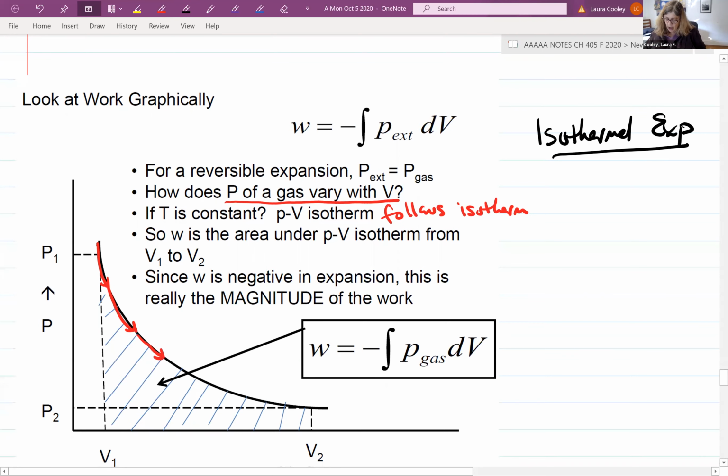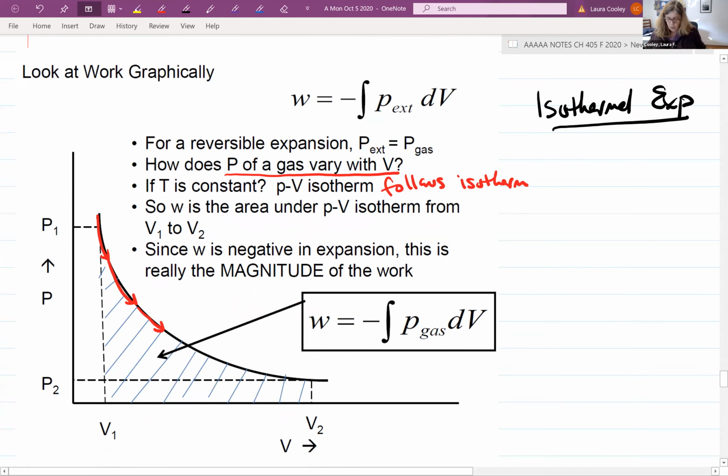So how do we represent the work? Well, what is the work? It's the integral of the external pressure times the change in volume. But the external pressure is the same as the gas pressure. So all along here, these dots are representing the external pressure for an isothermal expansion, because it's the same as the gas pressure. So in the integral, if I take my little dV here and multiply it by this value of the pressure, I get this little area.